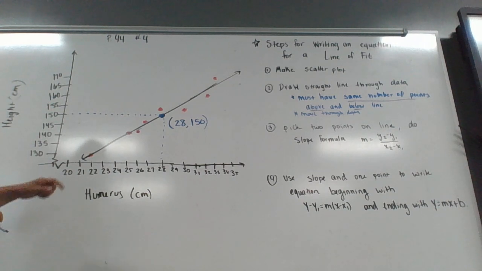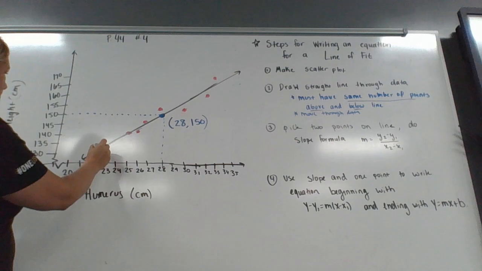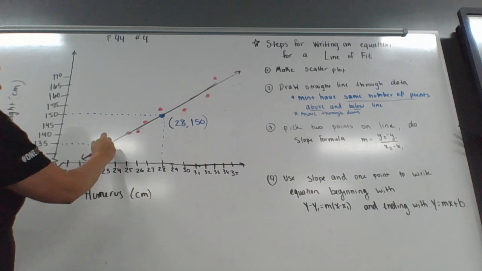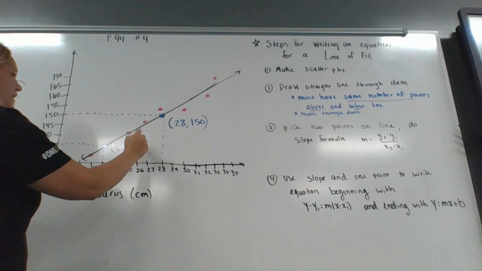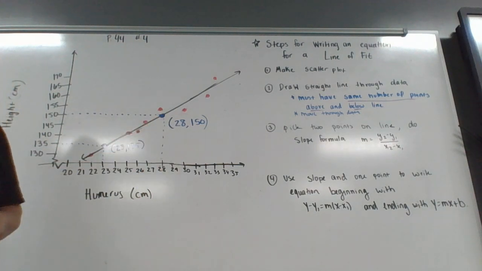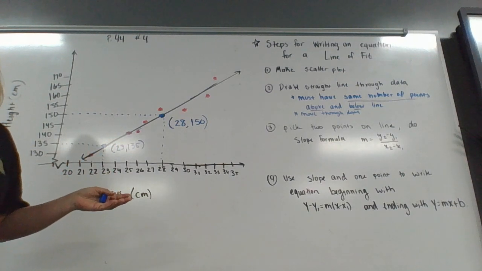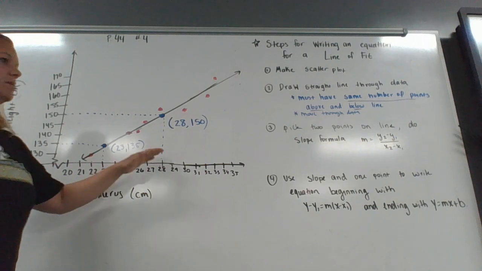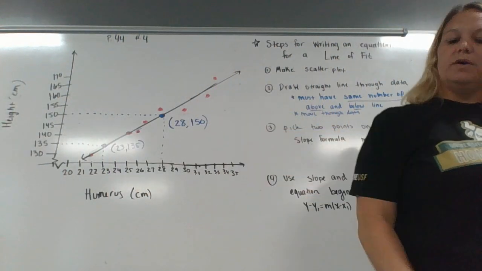I'm going to do also 23 and 135. So you find any 2 points on your line. If you want to use my points on this first example, you can. If you want to move forward with my data, you can. So I'm going to do the slope formula based on the 2 points that I picked.